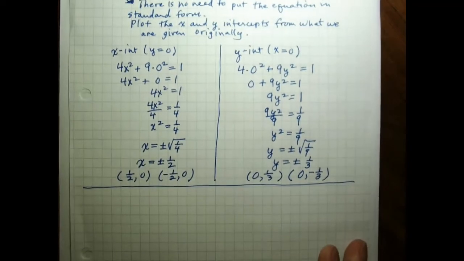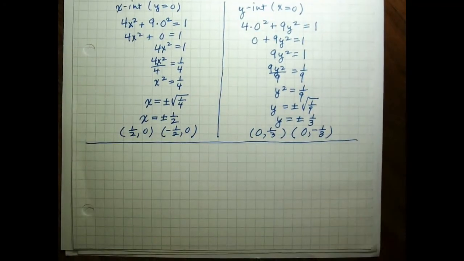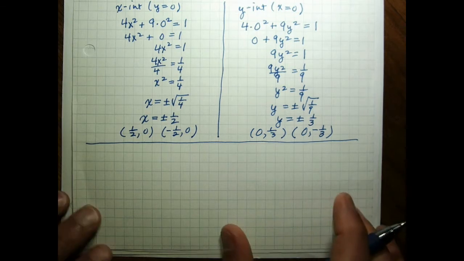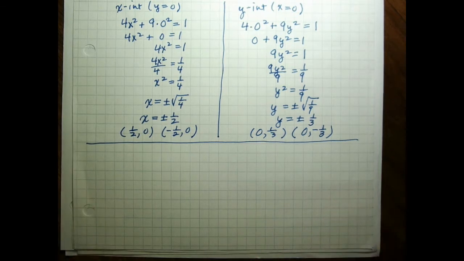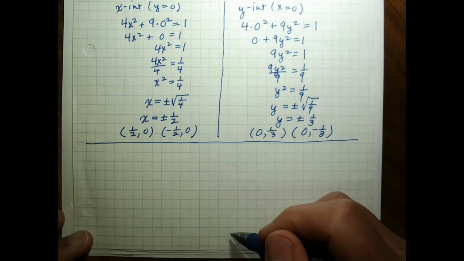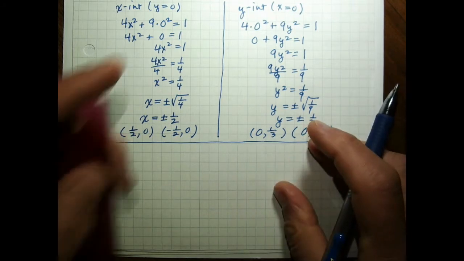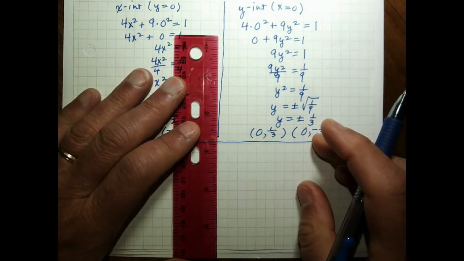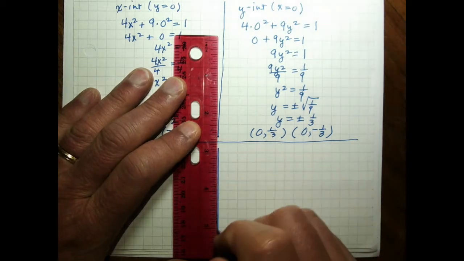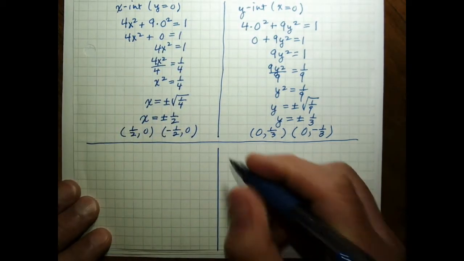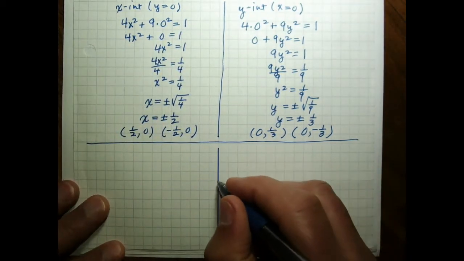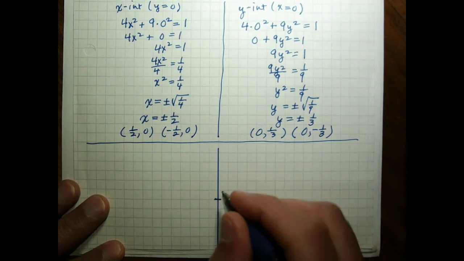And now I'm just going to go ahead and plot. Let's see what we got here. Because I'm getting fractions, I think what I want to do is count 1, 2, 3, 4, 5, 6, 7, 8, 9. I think I can just about fit it here, on the bottom. I'm going to put my x-axis here.